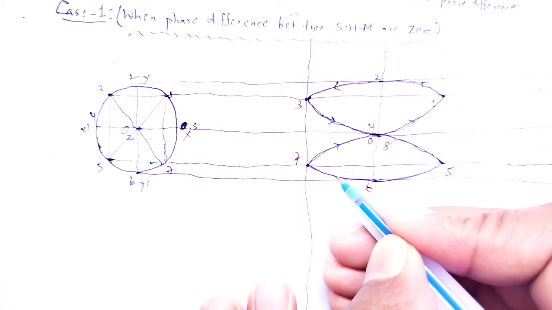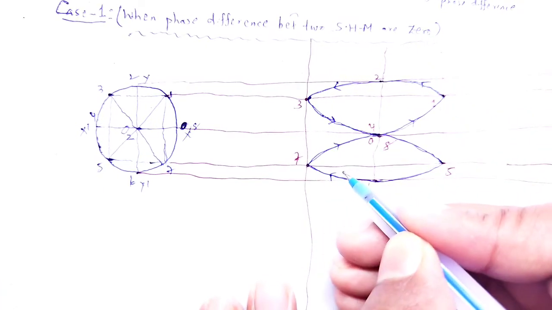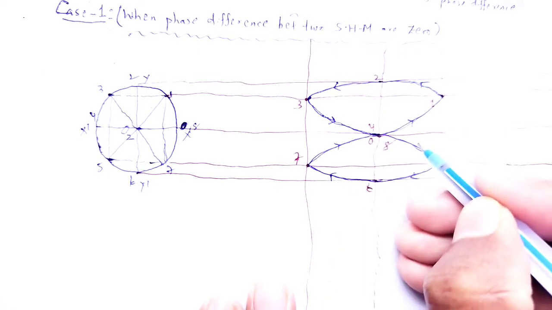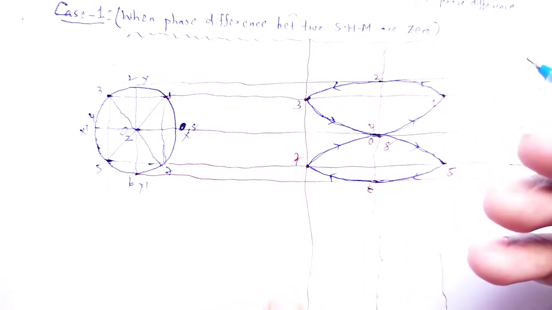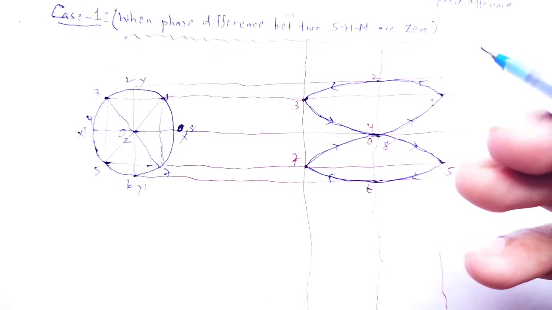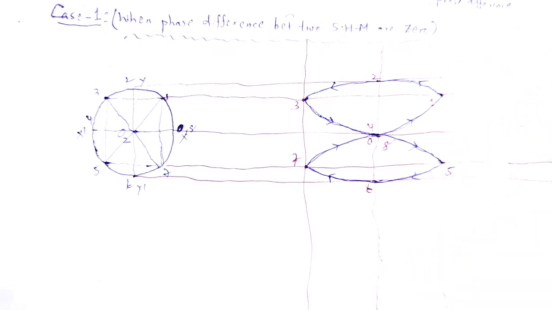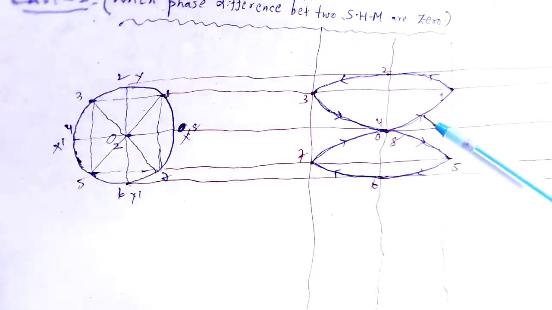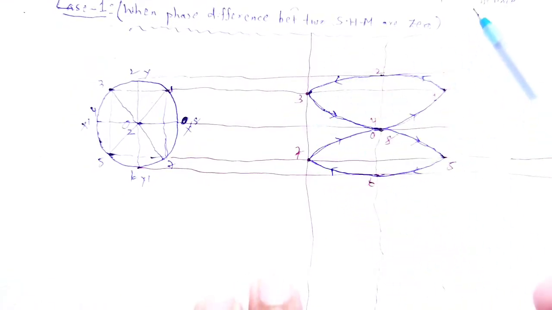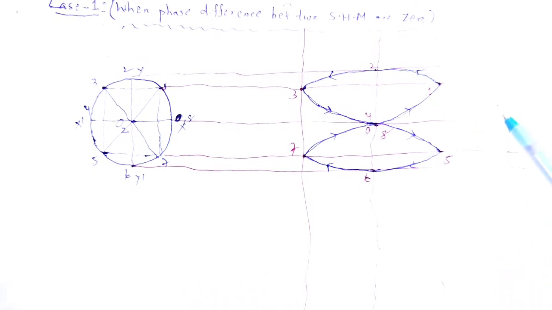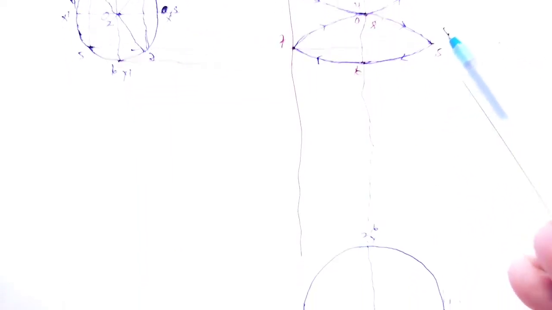That type of figure we also get when we derive it by the analytical method. That is the Lissajous figure when the phase difference between the SHM is 0, the figure-eight shape.